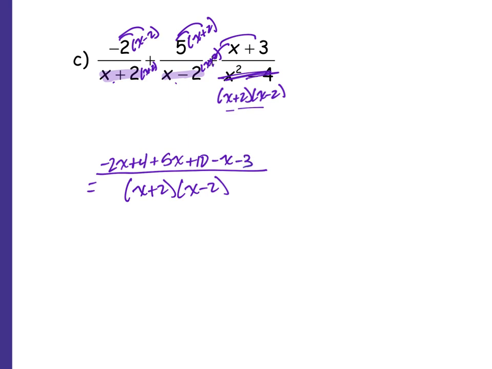And if I combine my like terms, let's see, I've got 2x plus 14 plus 11 all over x plus 2 times x minus 2. I think I added that right. 14 minus 3, negative 2, positive 2. Yeah, so that should be my answer because I can't simplify it any further. Are there any questions?